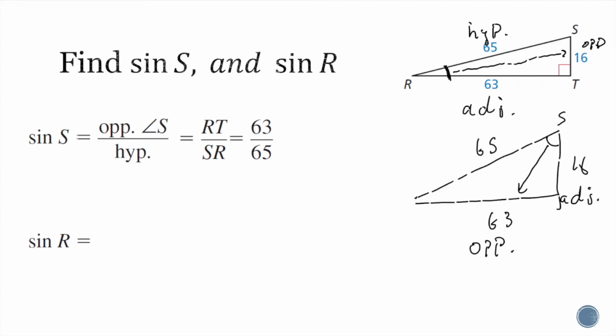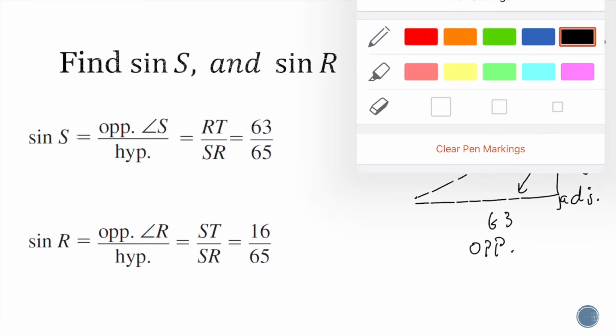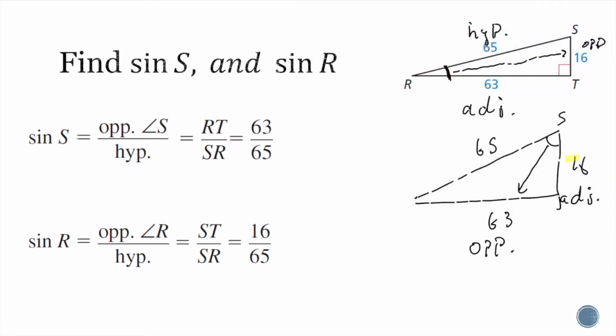So take the time to see if you can figure out what sine of R is. Hopefully you got 16 over 65. Because again, it is the opposite side divided by the hypotenuse. Great.